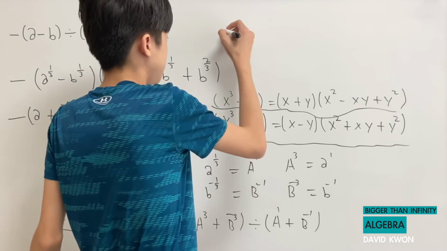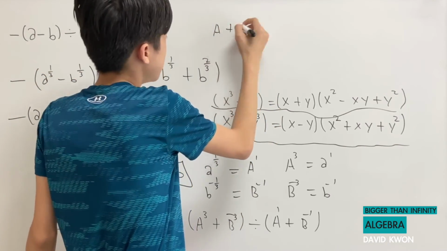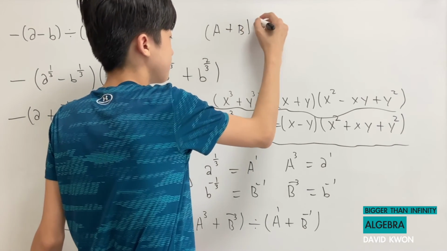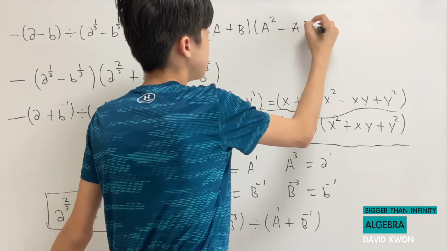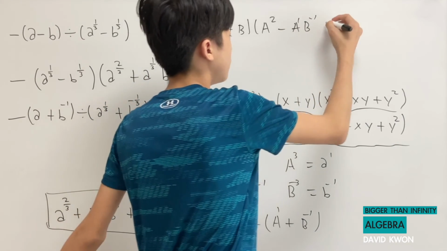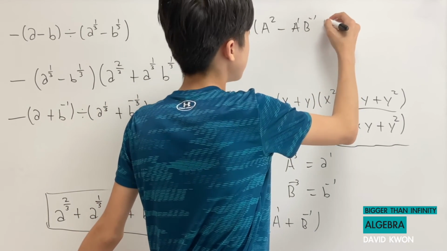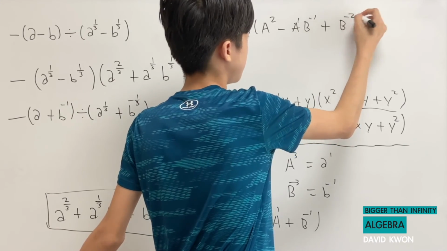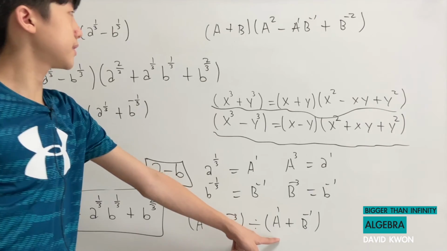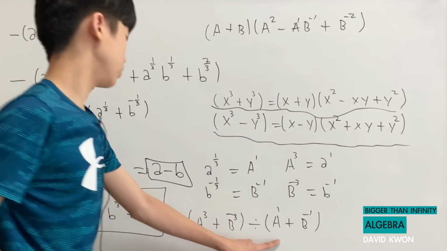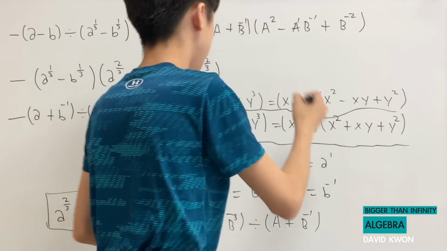So that is going to be a plus b times a squared minus a times b to the power of negative 1 plus b to the power of negative 2, and divided by this. Oh, oops, there's a negative 1 right here too.